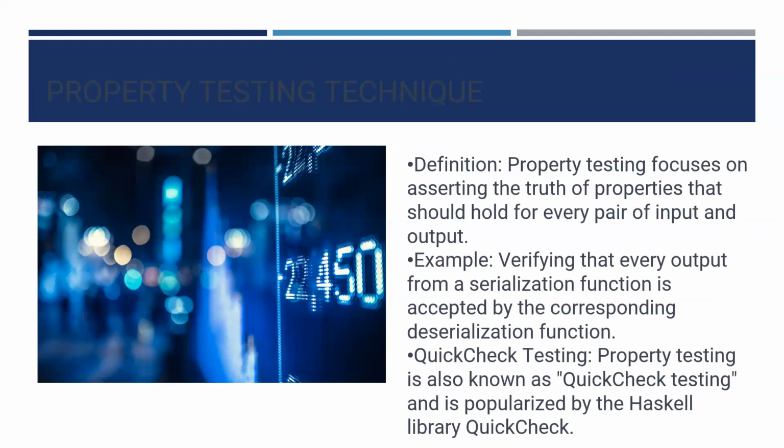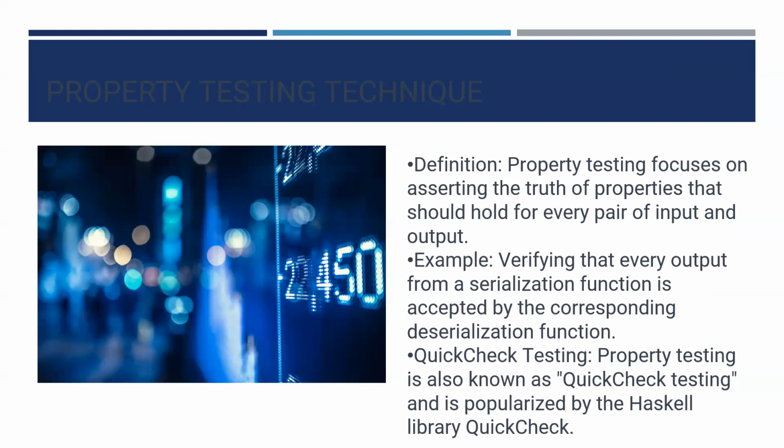We can explore the sophisticated property testing technique. This method focuses on asserting the truth of the properties that should hold for every pair of input and output. For instance, it involves verifying that every output from a serialization function is accepted by the corresponding deserialization function.